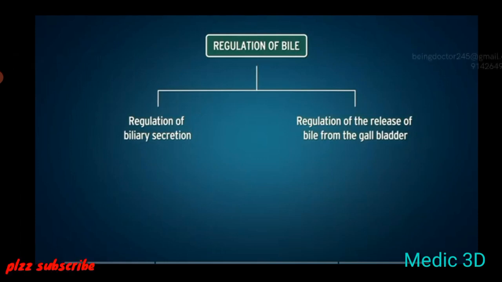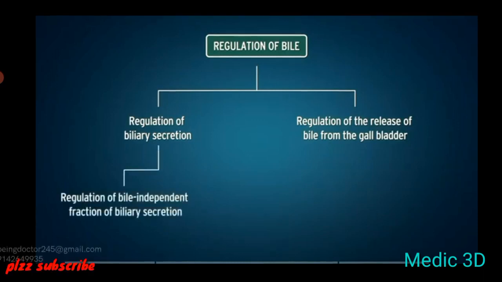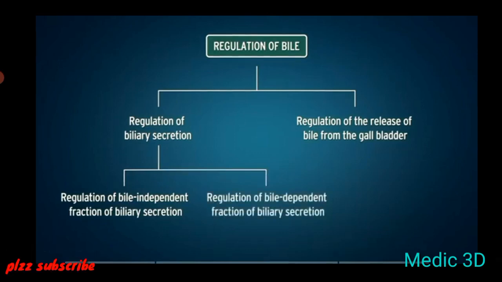The secretion of the aqueous component, that is water and electrolytes, and the bile do occur together but are regulated separately by the following mechanisms: regulation of the bile-independent fraction of biliary secretion and regulation of the bile-dependent fraction of biliary secretion.